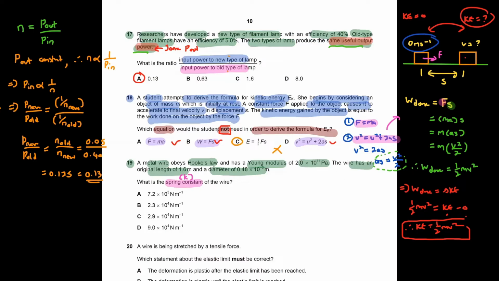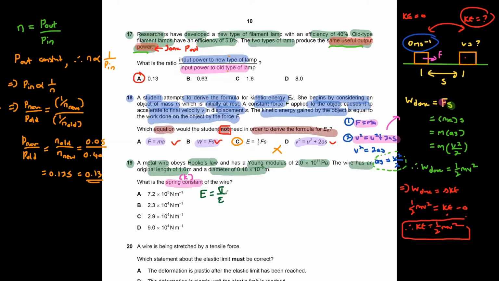But what they've given you is nothing related to force, nothing related to extension. Instead, they give you Young's modulus, some original length, and some diameter. So here, you need to know how to manipulate your equation a little. If you're given Young's modulus, the first equation that should come to your mind is this.